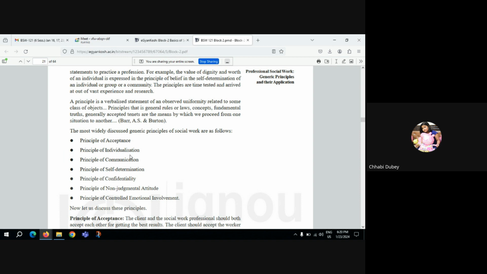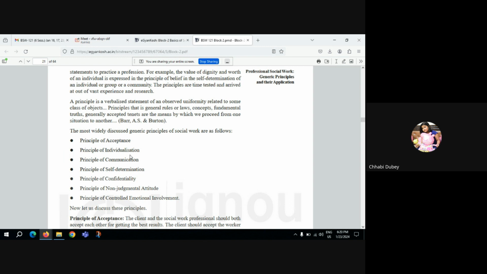All these principles are basically universal. You have to follow these principles irrespective of the context in which you are practicing social work. Whether you are practicing in your own country or in some other foreign country, these principles of social work have to be followed by professionals at every level.